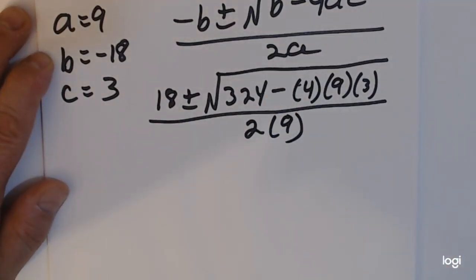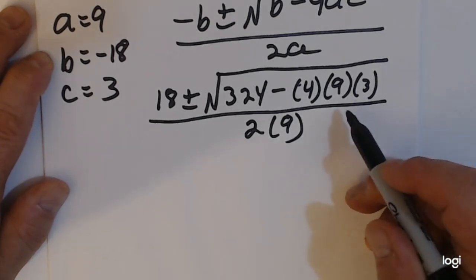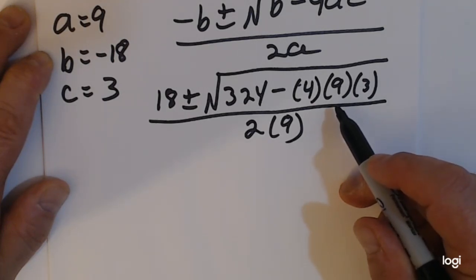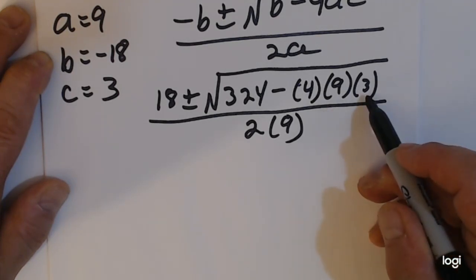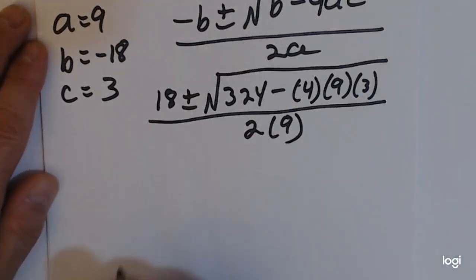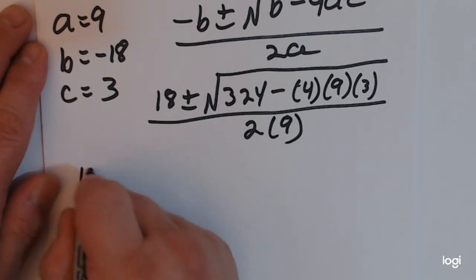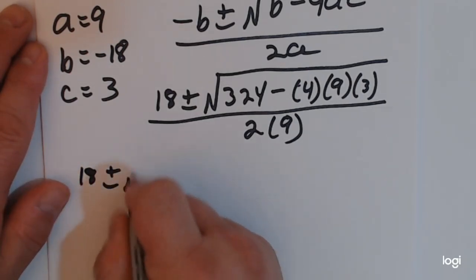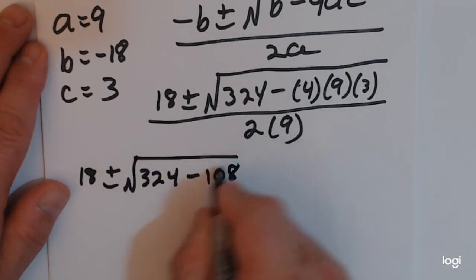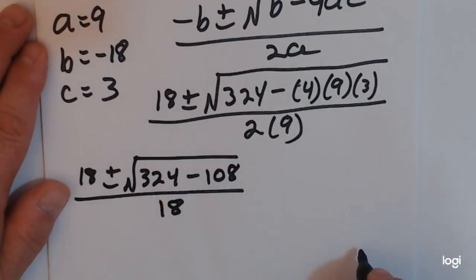So let's see. Nine times 4 times 3. Well, 4 times 3 is 12, and if you remember your 12 times tables, 12 times 9 is 108. So we get 18 plus or minus the square root of 324 minus 108 all over 18.